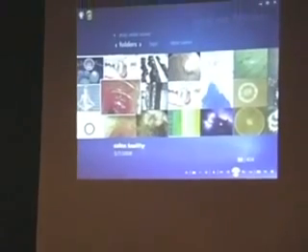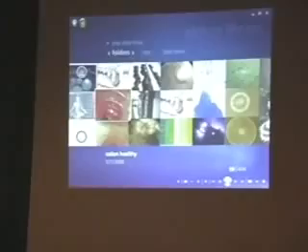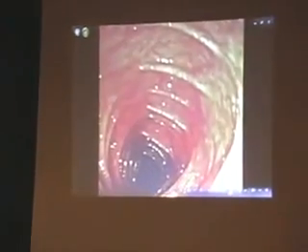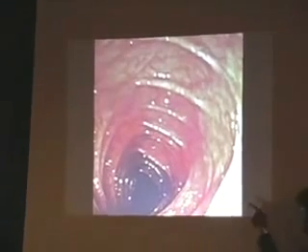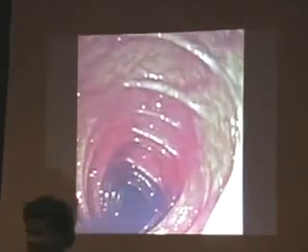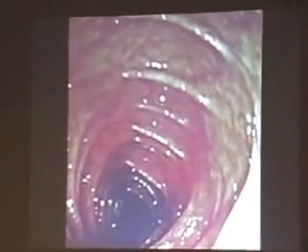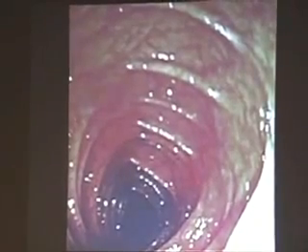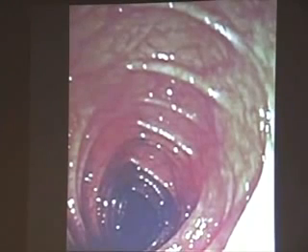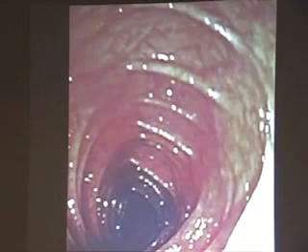Now, here I'm gonna show you how your colon's supposed to look. That's how your colon's supposed to look. This procedure is called a colonoscopy, and what a colon specialist does, he takes a tube and he goes down into your colon with a camera, and there's a contraption that'll take off a specimen and they'll bring it back.